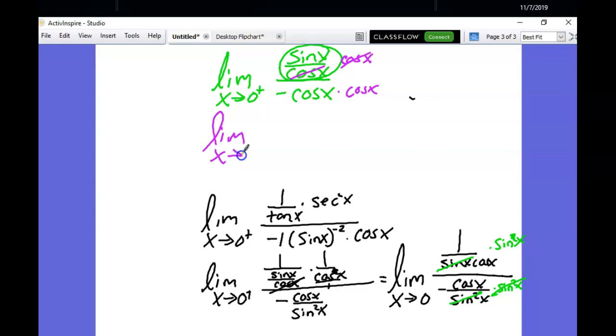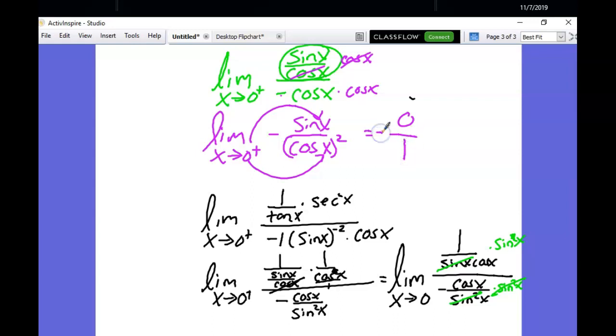And we're left with negative sine x over cosine x squared. And now I think we're ready for our direct substitution. We had to do a whole bunch of simplifying there with trig properties, but direct sub. The top is 0, the bottom is 1, and so the final answer would be 0.